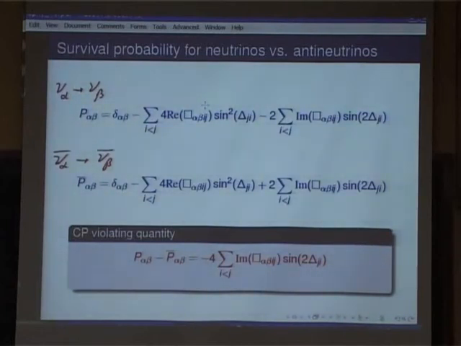Bracket goes to bracket complex conjugate, which means that real part of bracket stays the same, imaginary part of bracket changes sign. Okay. So therefore this factor stays the same. The third factor changes sign.